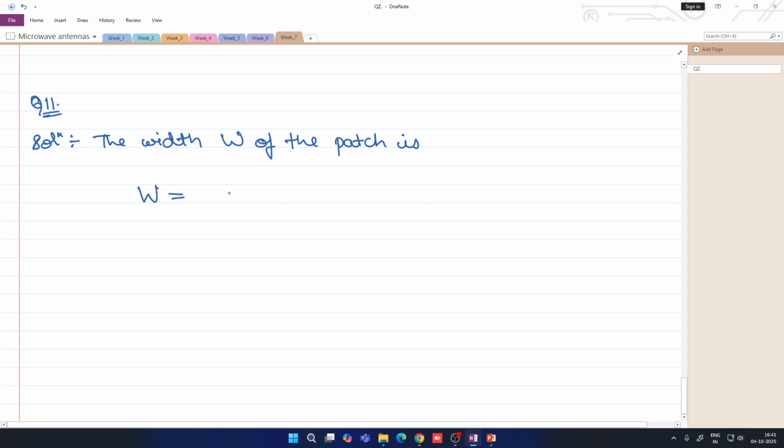W is given by C by 2F, where C is the velocity of electromagnetic wave in free space, into square root of 2 divided by epsilon r plus 1. In the problem, epsilon r, the dielectric constant of the substrate, is given as 2.2, and the height of the substrate is 0.1588 centimeter.